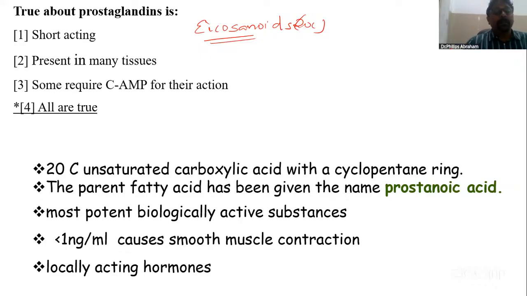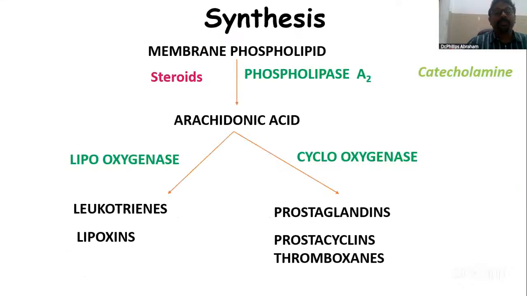And here, about prostaglandin, its action. We have some idea about that. First, I'll say about synthesis, because this is an important point. It is synthesized from the membrane phospholipid. When phospholipase acts, it produces arachidonic acid, which is semi-essential.